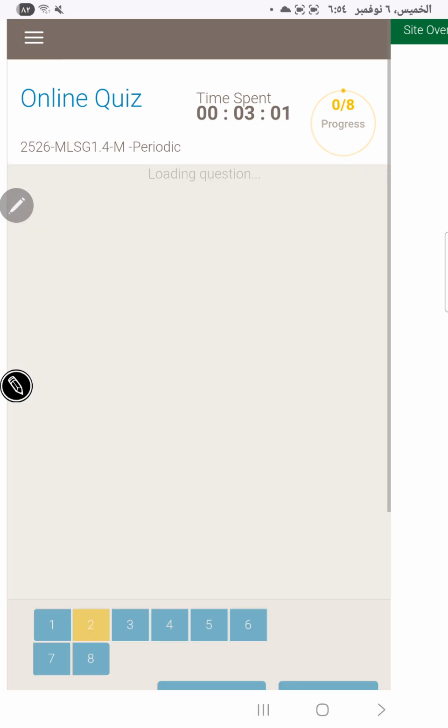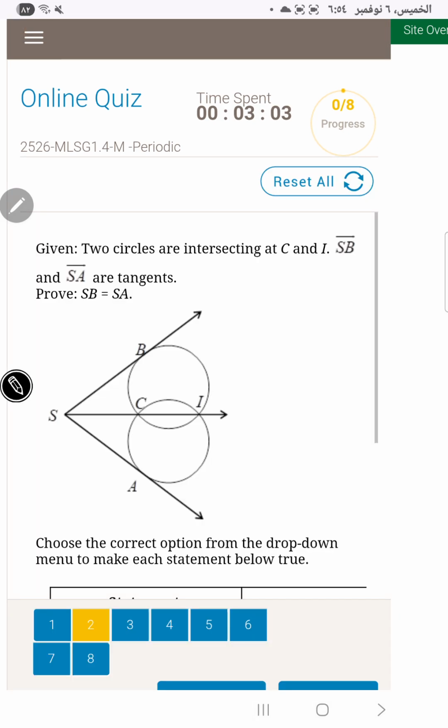For question number 2 now, here the same thing is repeated. You can easily say here that this is the tangent, and this is the secant. This part is the secant.